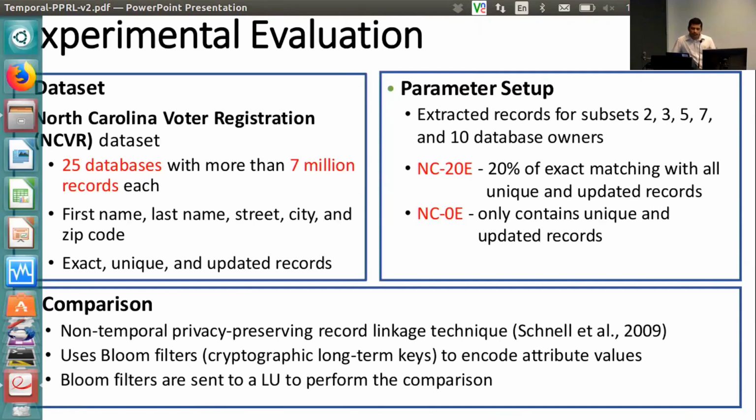In order to compare, since this is the only privacy preserving temporal record linkage process available, we used the non-temporal privacy preserving linkage approach proposed by Schnell in 2009. We use Bloom filter encoding as the cryptographic long-term key, where you encode all the attributes into one single Bloom filter. And similar to our approach, they also send them to a linkage unit. The linkage unit does the comparison based on these cryptographic long-term keys.